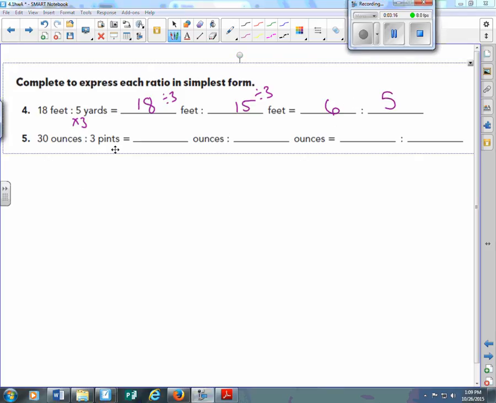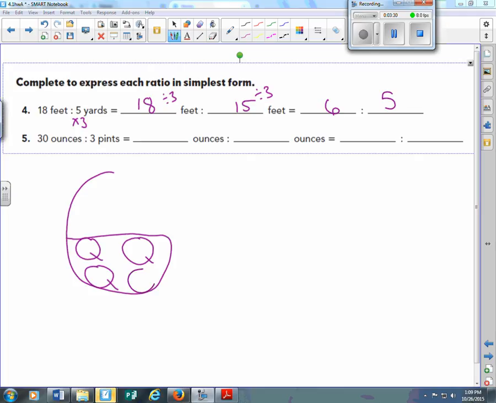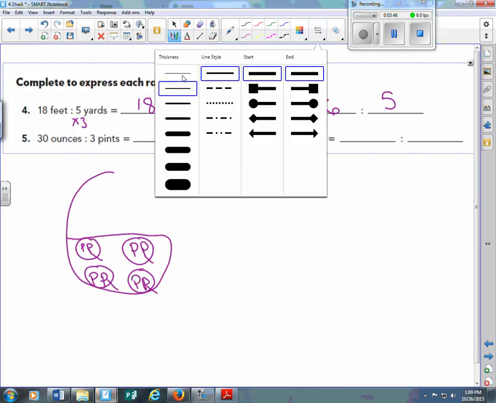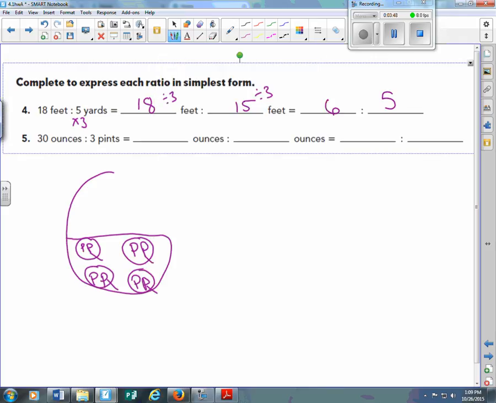The next problem is a bit of a bear because we have to know how many ounces are in a pint, and I don't know that off the top of my head. So I would go back to my handy dandy model of gallons, and in each gallon there is 4 quarts. And in each quart there is 2 pints. And in each pint there is 2 cups.